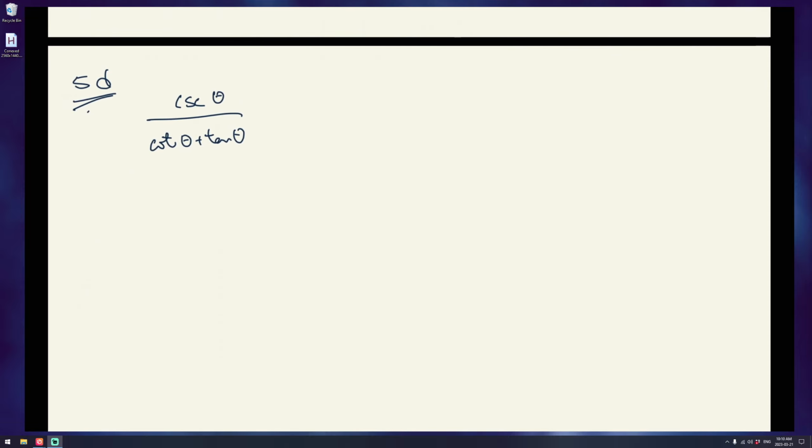And then now we can take a look at 5D. And here we can start with the non-permissible values, okay? Looking at the top, this is kind of like 1 over sine theta, right? All divided by, you can think as cos over sine, sine over cos. Okay.